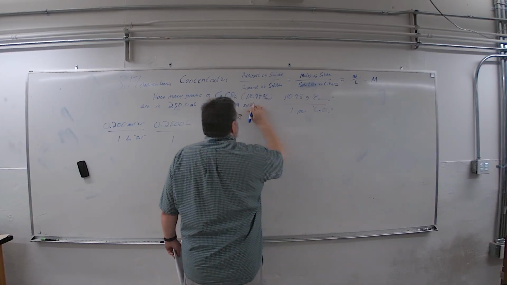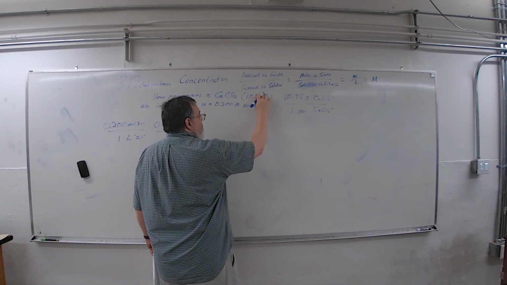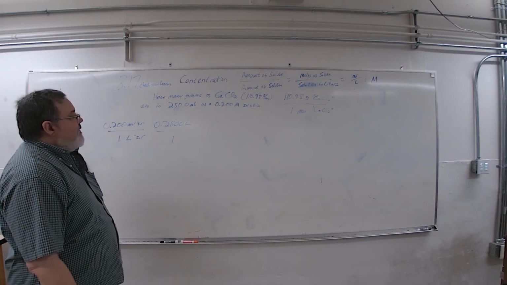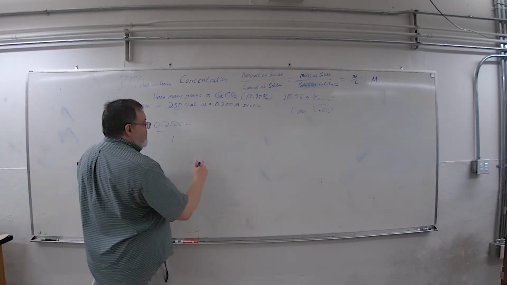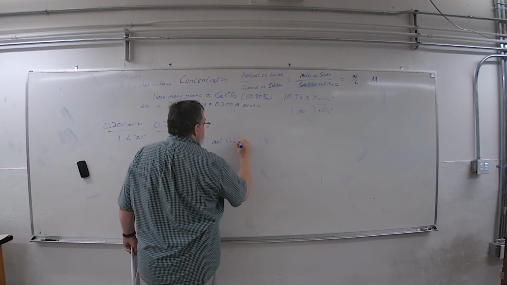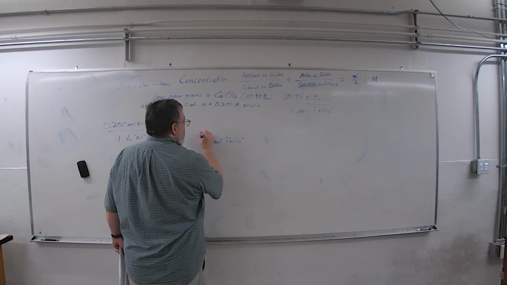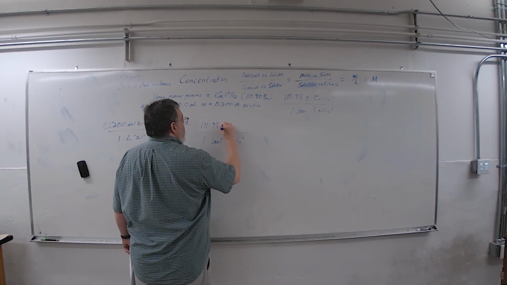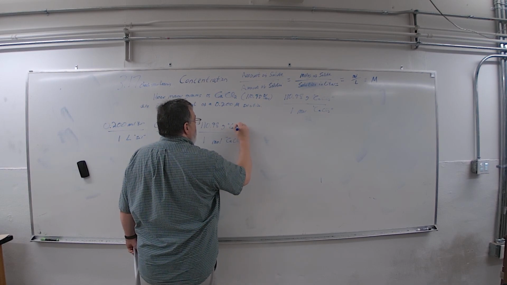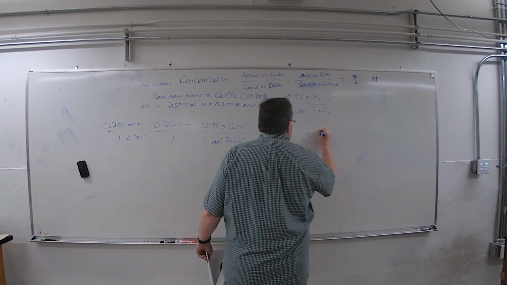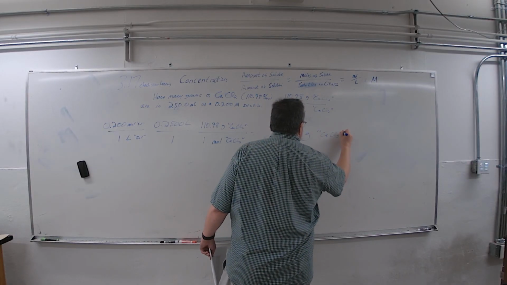In some sense, 110.98 grams per mole is shorthand for this more formal. So I want moles to cancel, so I'm putting moles on the bottom. And that'll end on CaCl2.